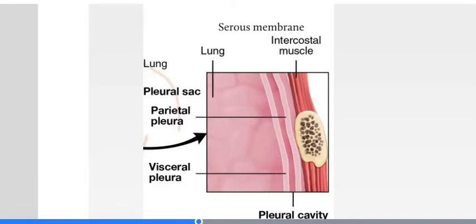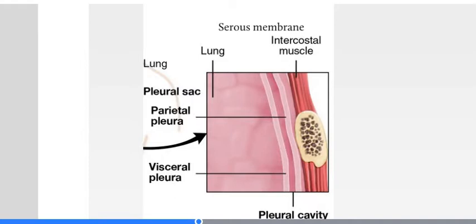On the other hand, serous membranes are fairly standardized. Here we see the serous membrane that lines the lungs, called the pleura. All serous membranes have two layers, which are exactly the same, just facing each other. There's the visceral layer, which is lining the outside of the particular organ, and the parietal layer, which is lining the inside of the cavity where that organ is found.